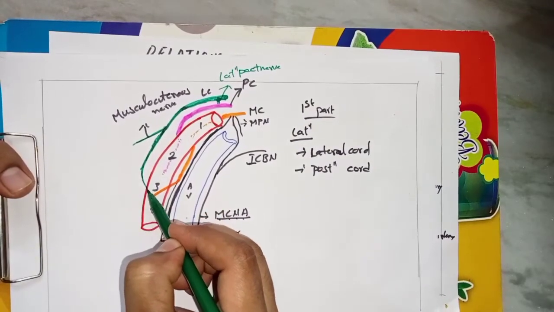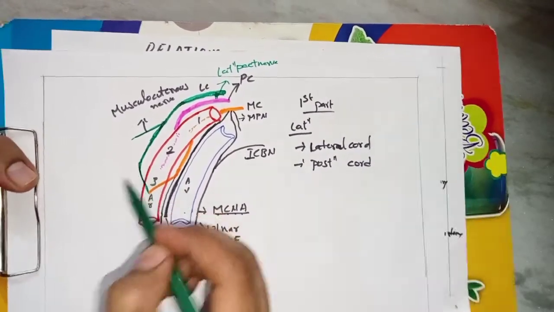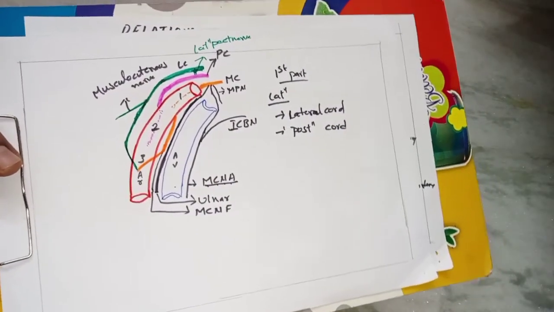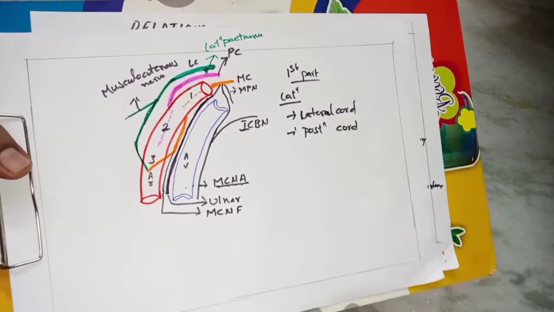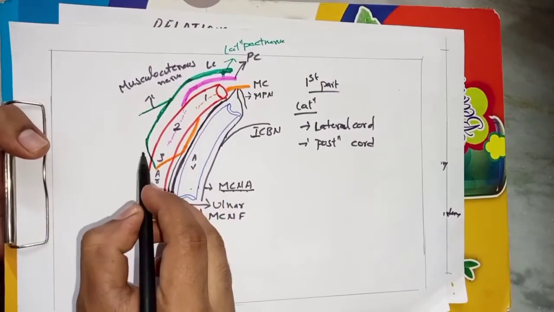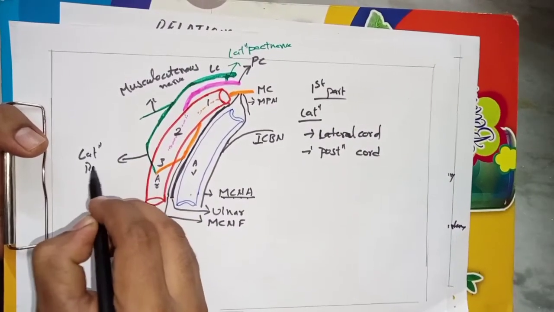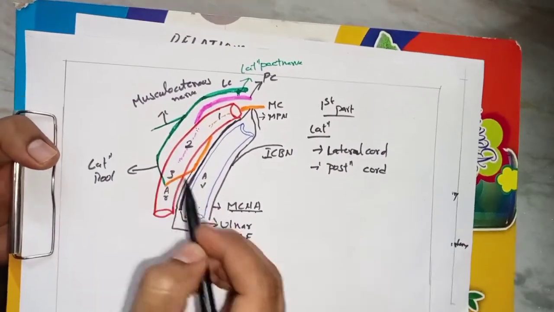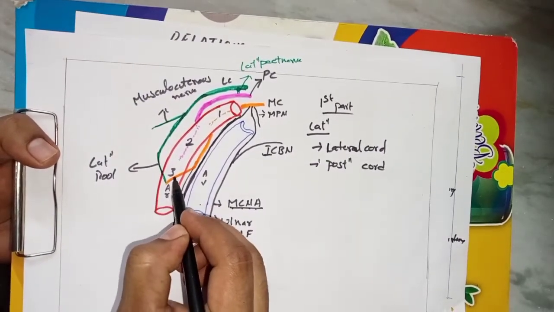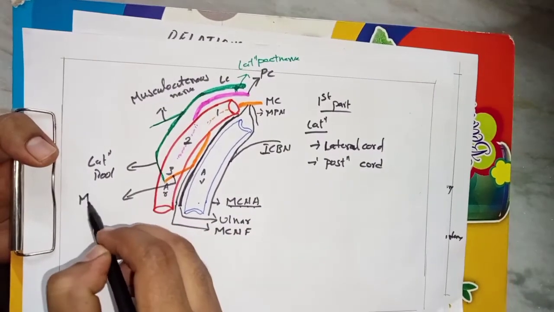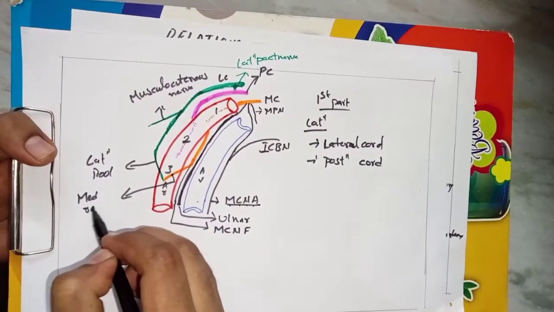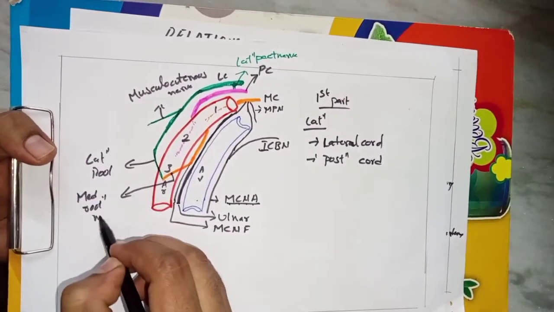That root is called the lateral root of the lateral cord. This is the lateral root coming from the lateral cord, and this is the medial root, coming from the medial cord.